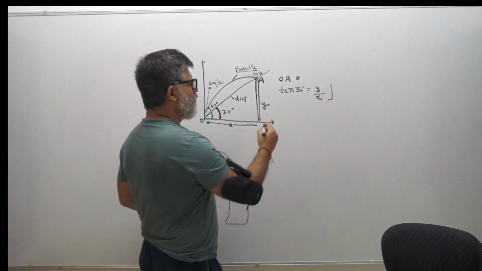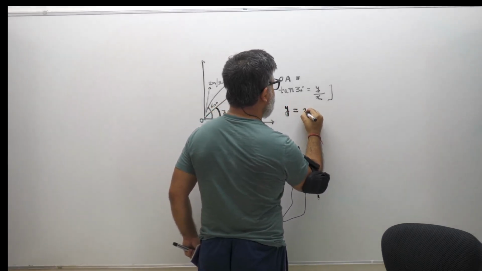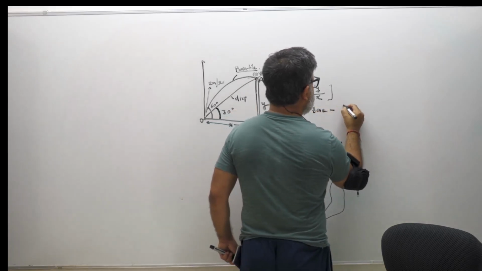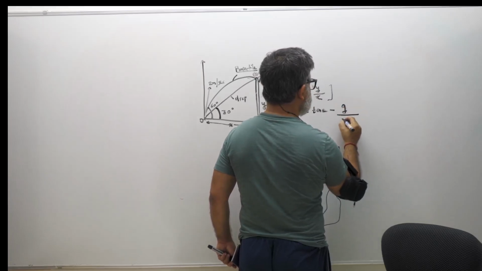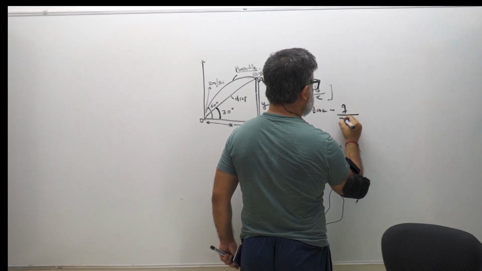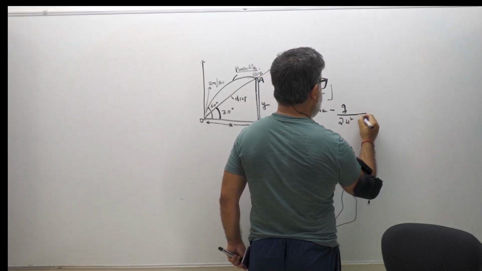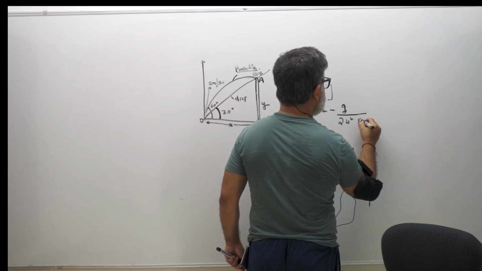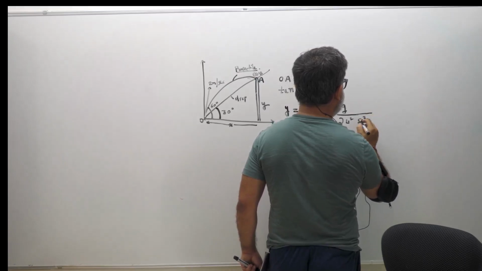We know the y of the projectile is given by x tan theta minus g upon 2u square, and this is secant squared theta, or cos squared theta.